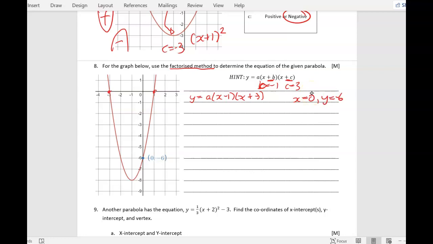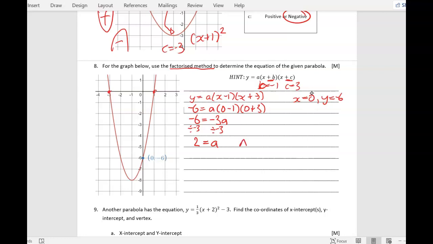We're going to substitute that in. So -6 is going to be equal to a, and then (0 minus 1)(0 plus 3). This becomes 3 times -1, which is -3. So -6 is equal to -3a. I'm going to divide by -3, divide by -3. So +2 is equal to a.